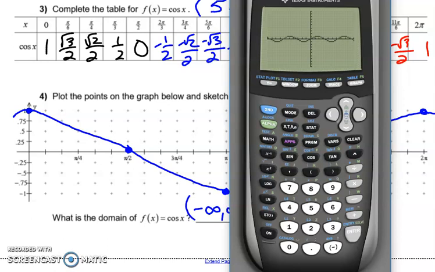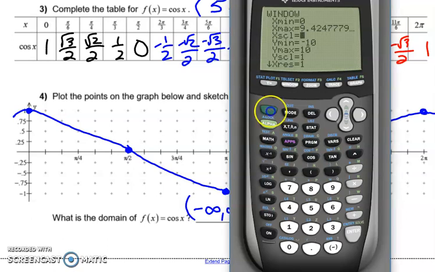So we want to go to window, and we want to change our window. Let's make the x minimum 0, and let's make the x maximum, let's say 3 pi. And make the x scale, right now, pi divided by 4.